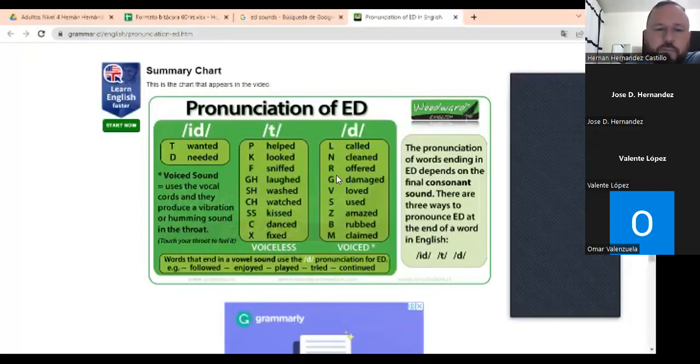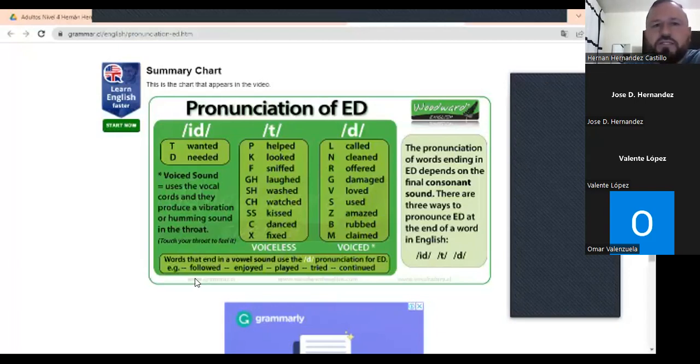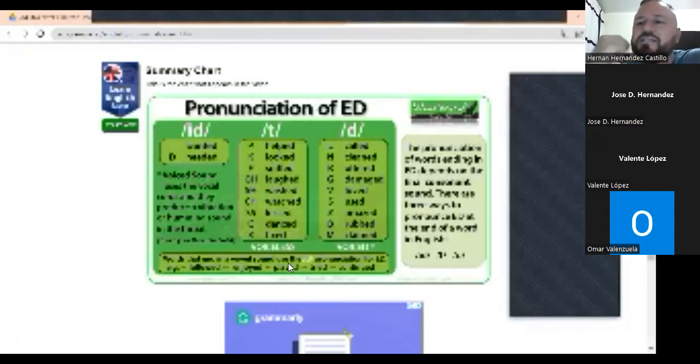For example, let's think of a word that ends with the A sound. Look at the example here, play. Play ends with a Y, but the sound that you hear at the end is A, play.